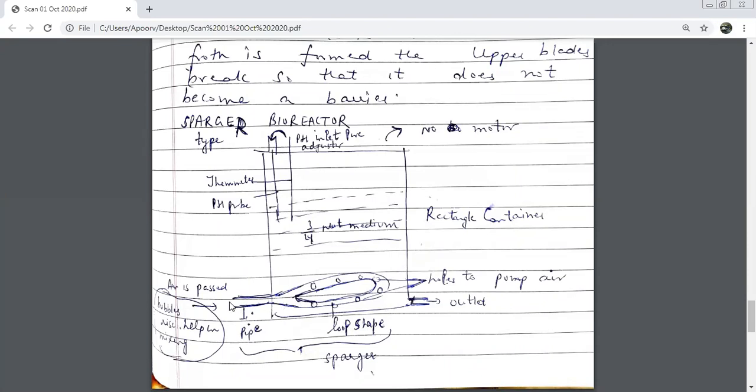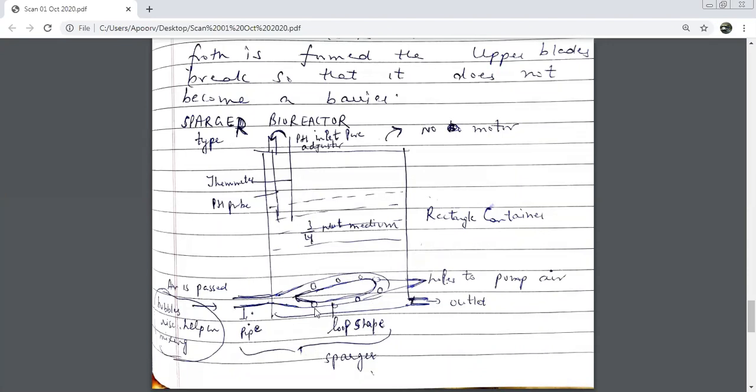Now see this one. See this. This is a pipe. First, it is a normal pipe from here. After it enters this bioreactor container, it takes this shape. Can you see this shape over here? And these are the holes. These are the holes, beta, to pump air. That circles that I have made, it's a loop.